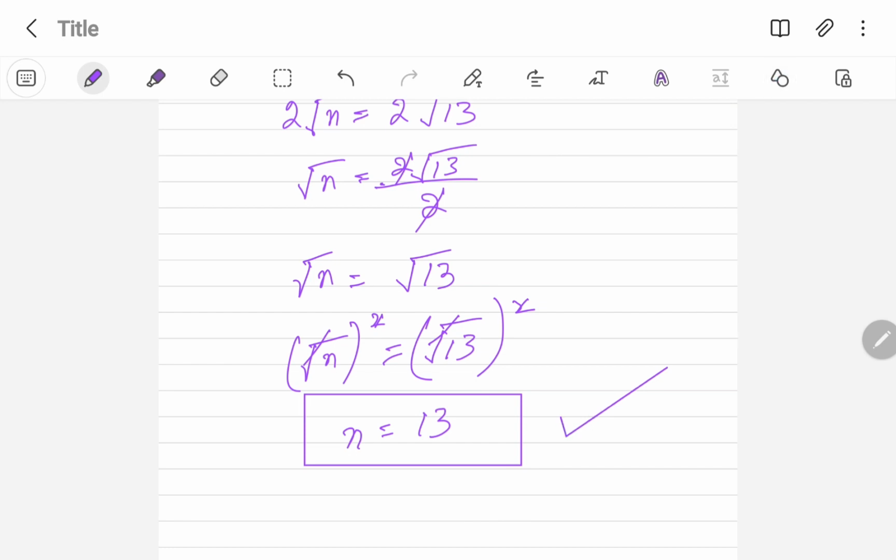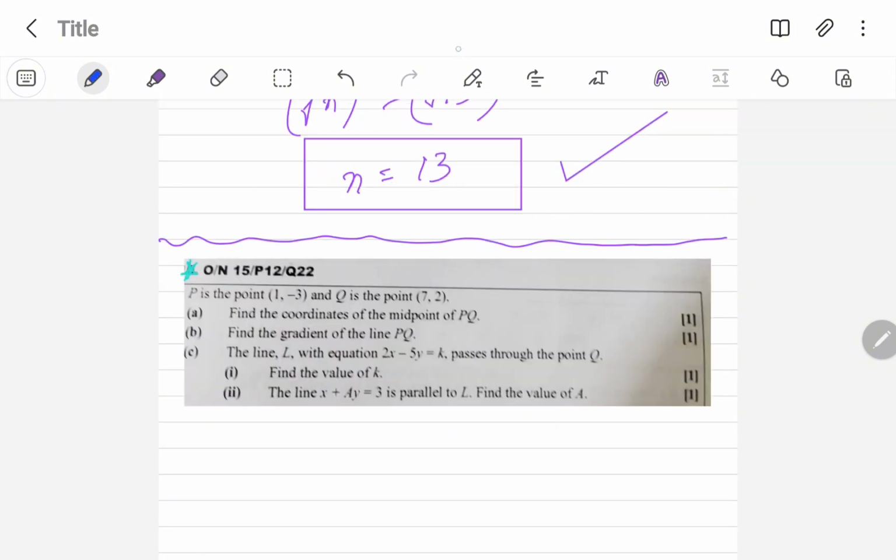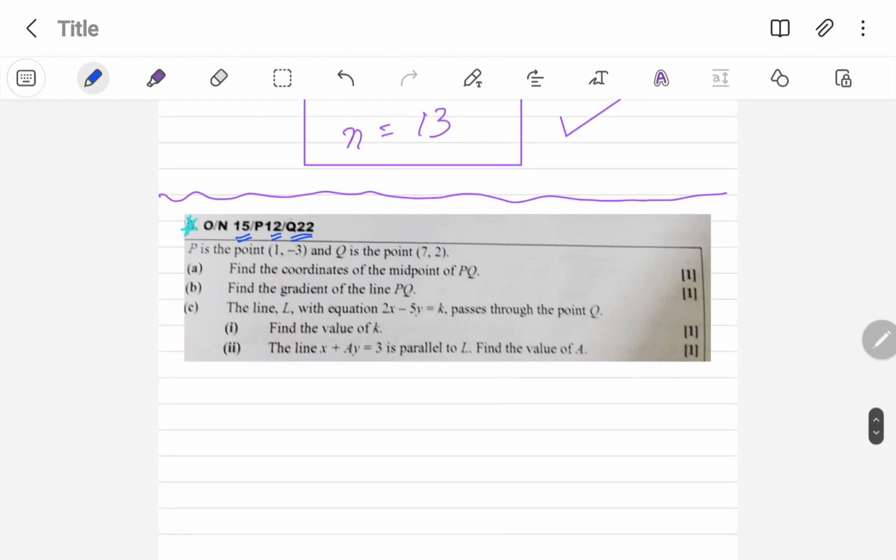Now we are going to solve one more question that is advanced. Yes students, it is the October-November 2015 paper, variant 2, question number 22 of this paper. P is the point with coordinates 1 and -3.